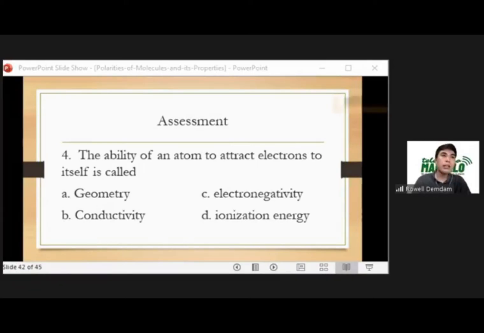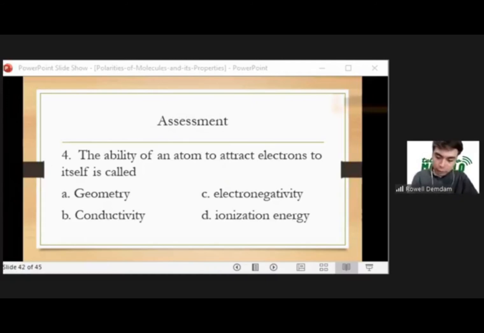The ability of an atom to attract electrons to itself is called A, geometry, B, conductivity, C, electronegativity, or D, ionization energy. Again, the ability of an atom to attract electrons to itself is called A, geometry, B, conductivity, C, electronegativity, or D, ionization energy.